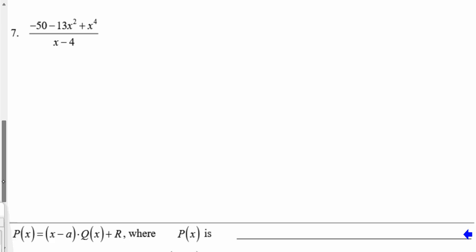In other words, right now the numerator has ascending powers of x, like it starts with a constant and then goes up to the x to the 4th. But the denominator goes the opposite way, descending powers of x, x to the 1, and then the constant term. We want to make sure they're both the same. Either way works, but just to make life simpler, it's not a bad idea for us to always write it in descending powers of x.